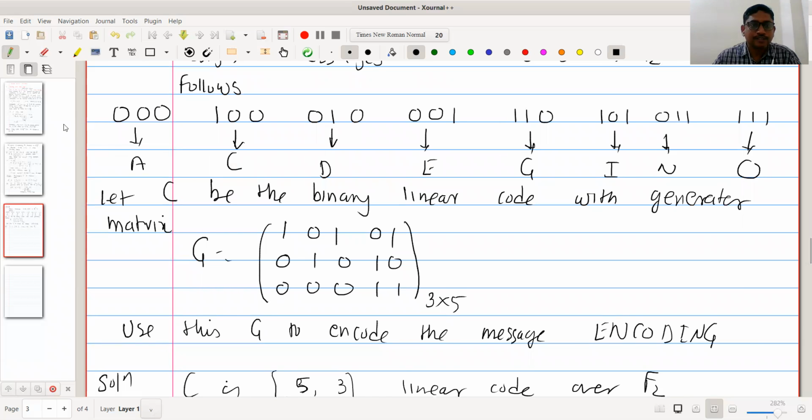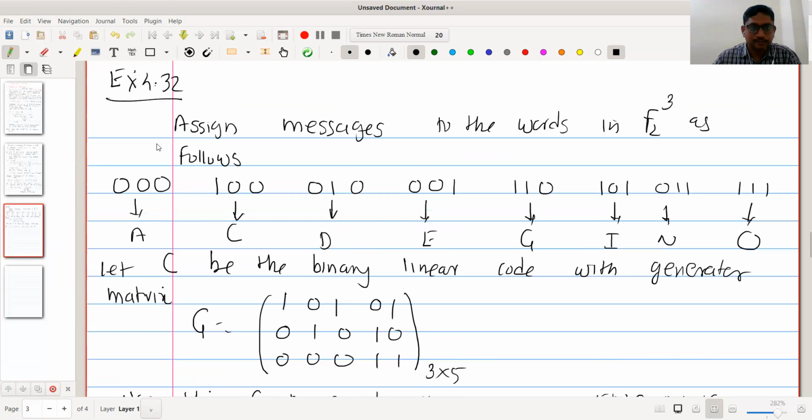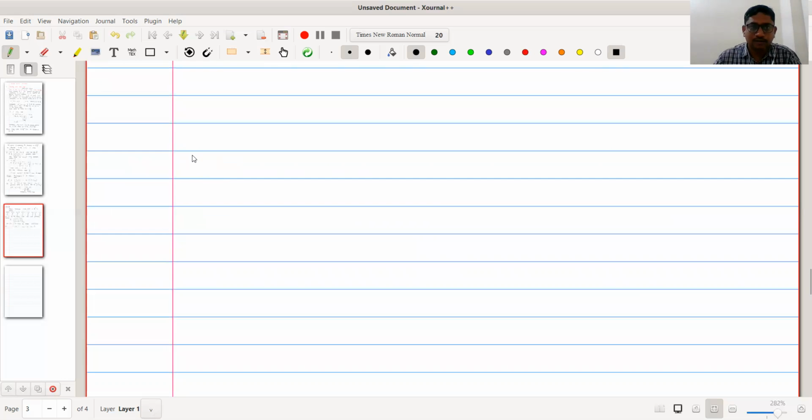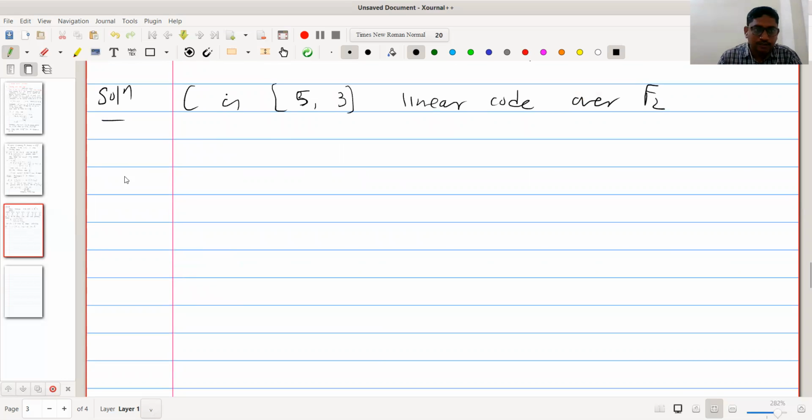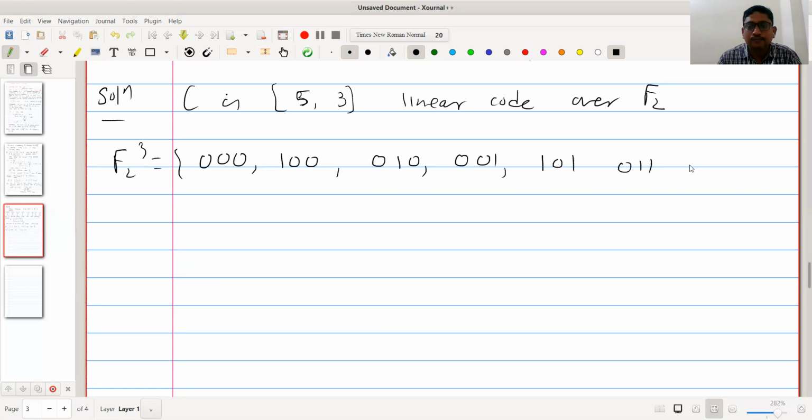Each message has length 3, so you have to write all the F2 to the power 3 elements. So all F2 cubed elements are these. Okay, these are the 8 objects.